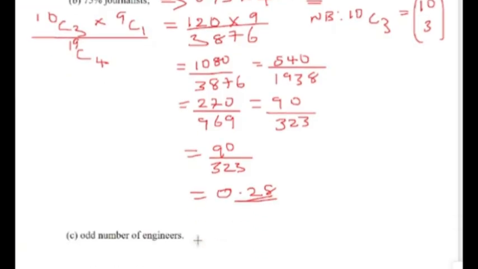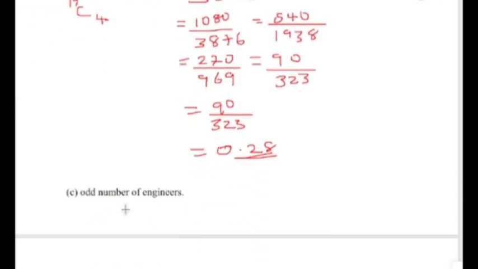0.28 approximately is the probability. So that's the answer. Now C says we should find the odd number of engineers. So it means that we can either have 9 combination 1, one engineer selected, and 3 journalists selected.